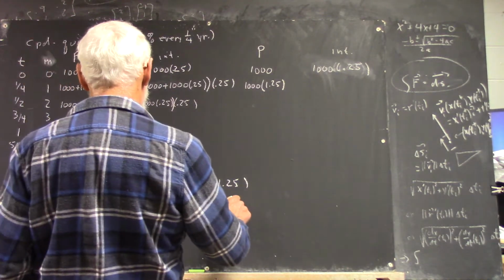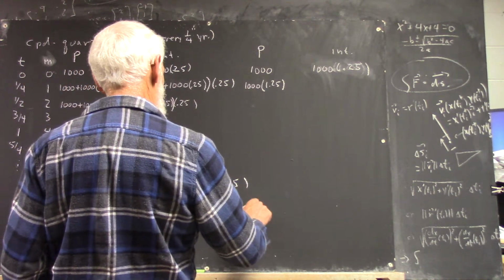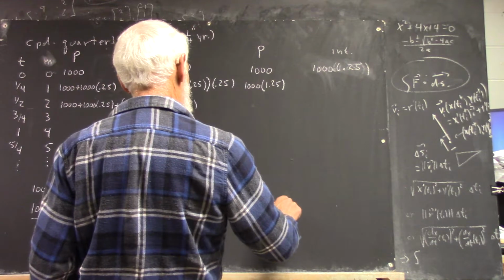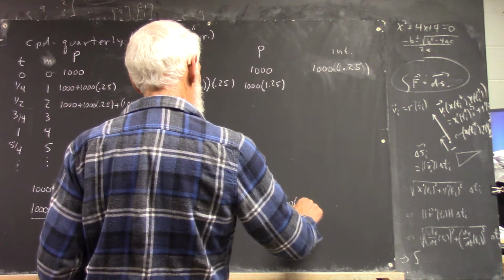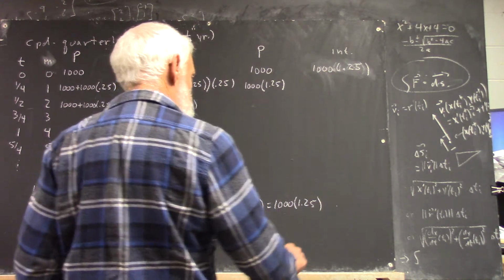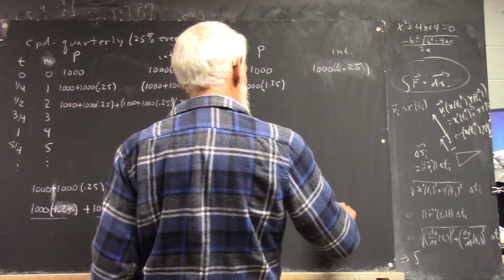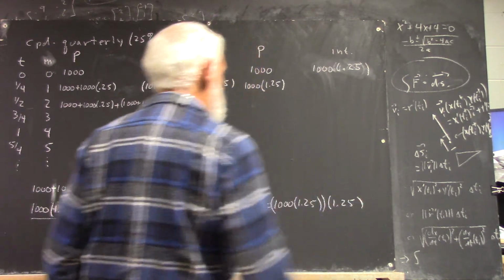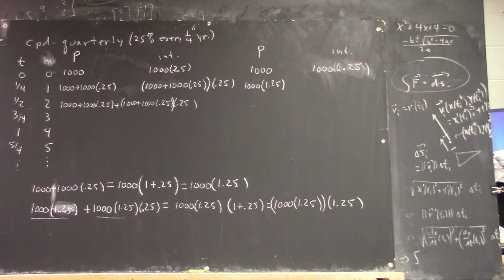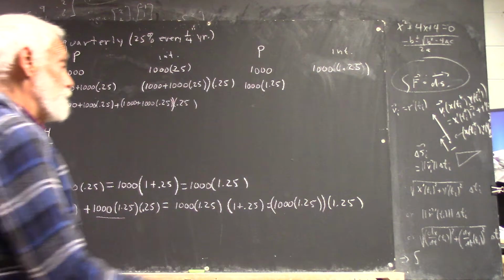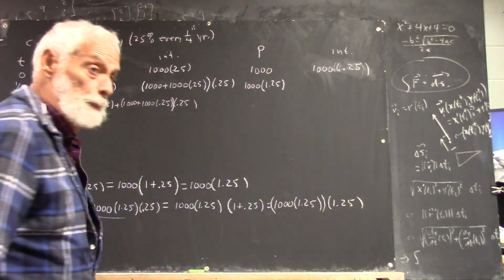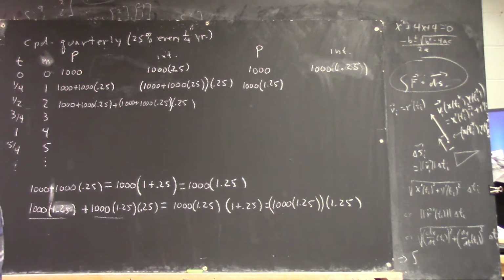Because there's two of them, I can write it this way, can't I? And of course I can write this. How can I write this a little more compactly?